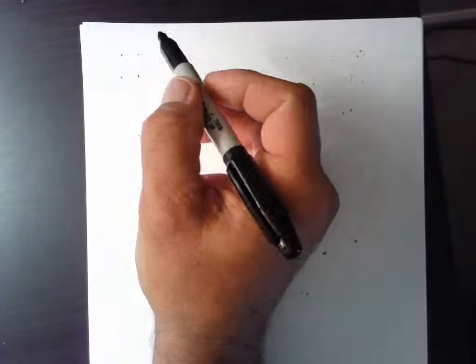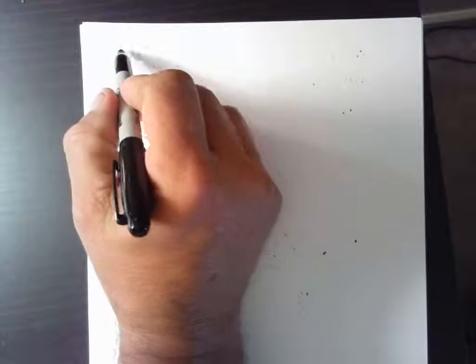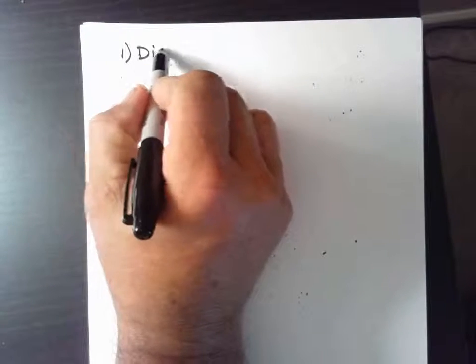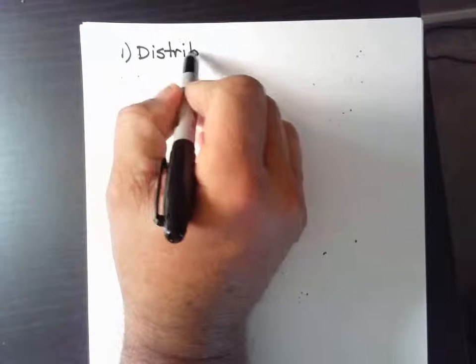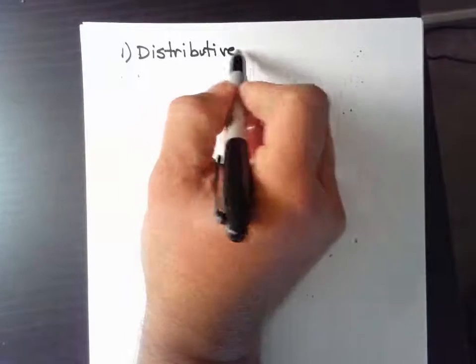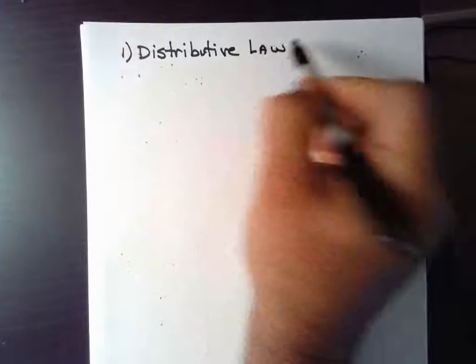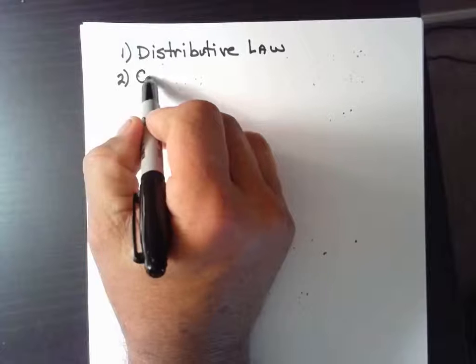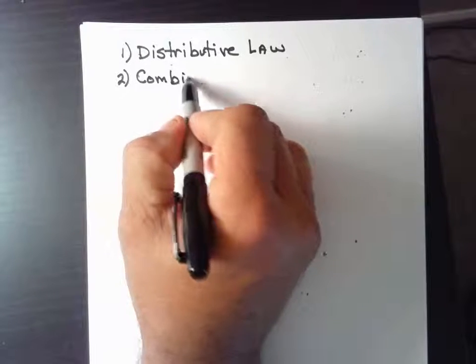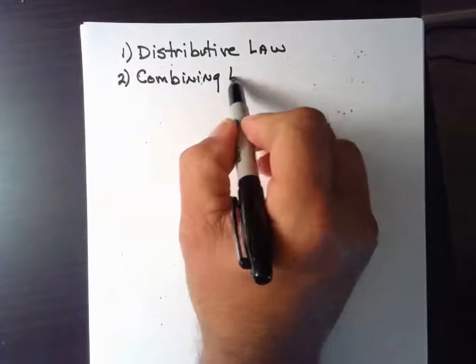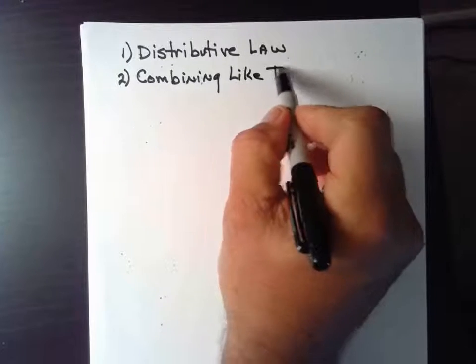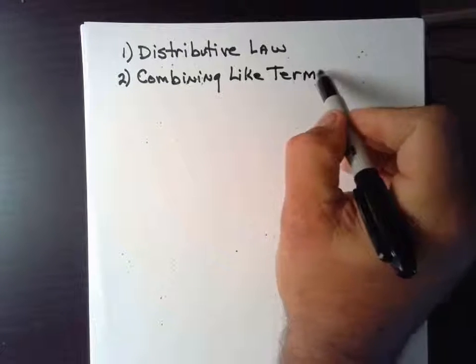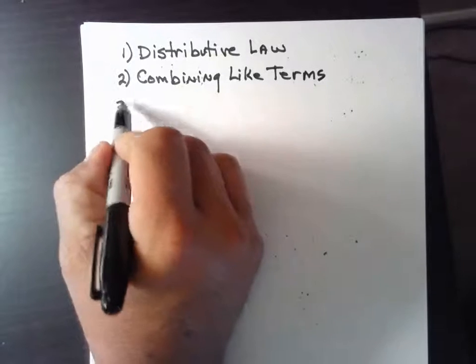we're going to add a couple of things to this, and we're going to call them multi-step equations. We're going to add the distributive law. We're going to add combining like terms. We're going to add fractions.